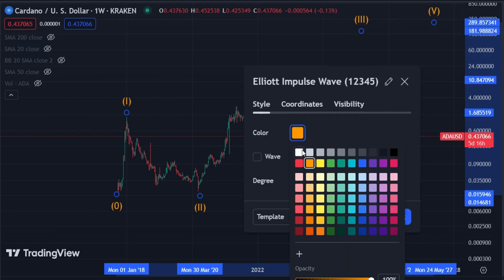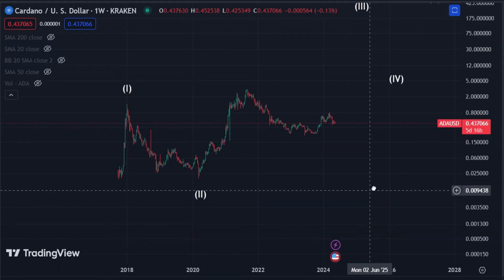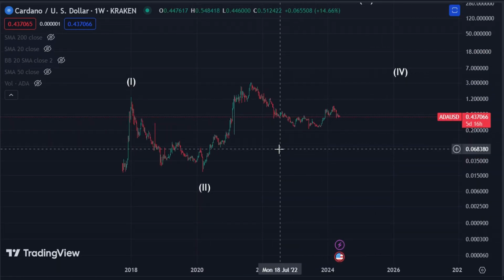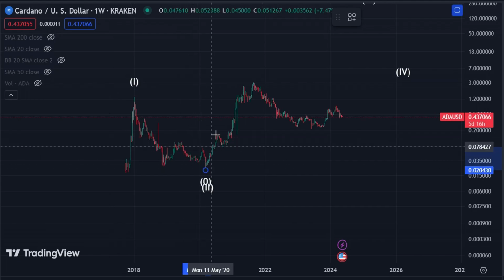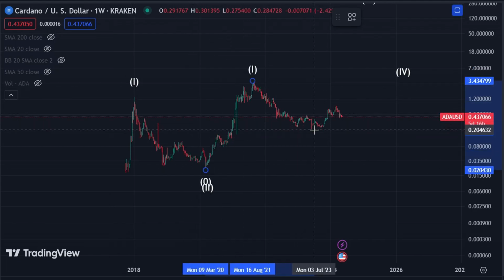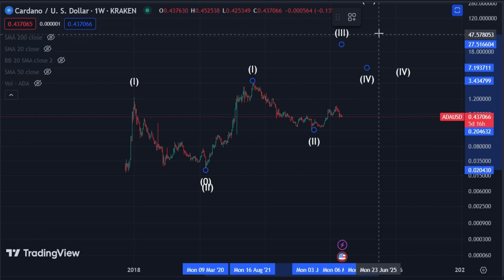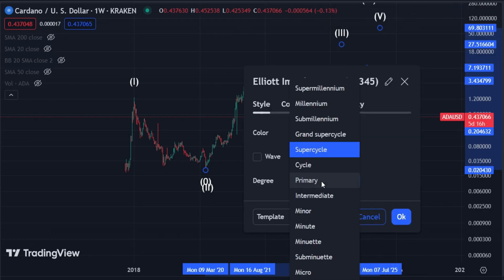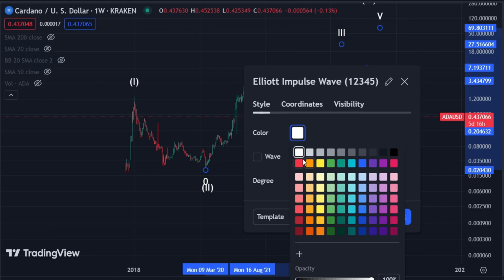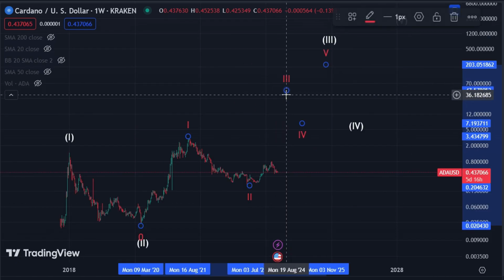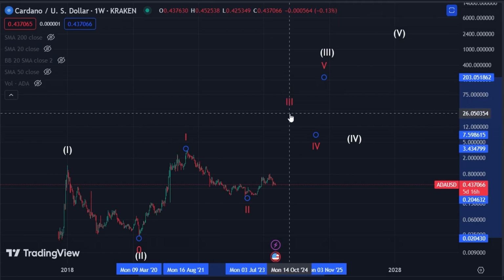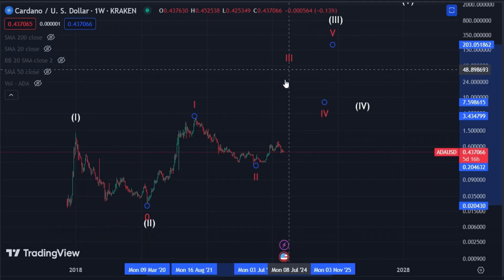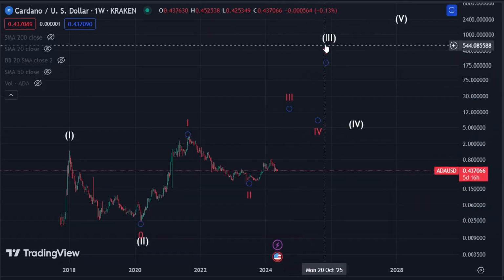And we're gonna make this white. And currently we have a 1, 2, 3, 4, 5. Let's make this a cycle. And this bull run, we are looking at this wave 3 of 3.